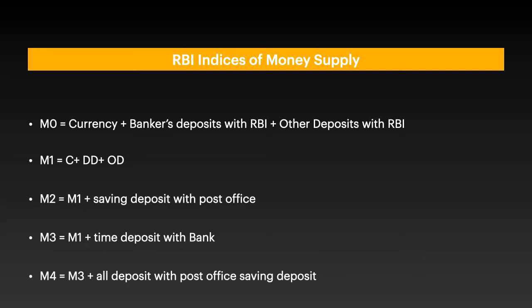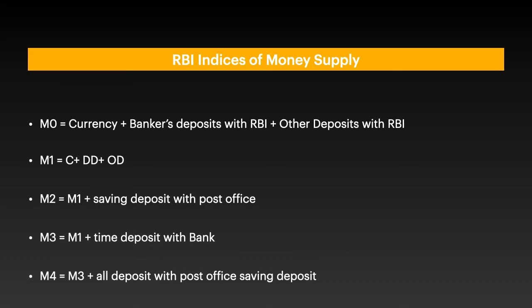They include fixed deposits, cash certificates, cumulative and recurring deposits, time liabilities portion of saving bank deposits, staff security deposits, margin money held against letter of credit if not payable on demand, India Millennium deposits and gold deposits. M4 includes M3 and all deposits with post office saving banks but excludes national saving certificates.